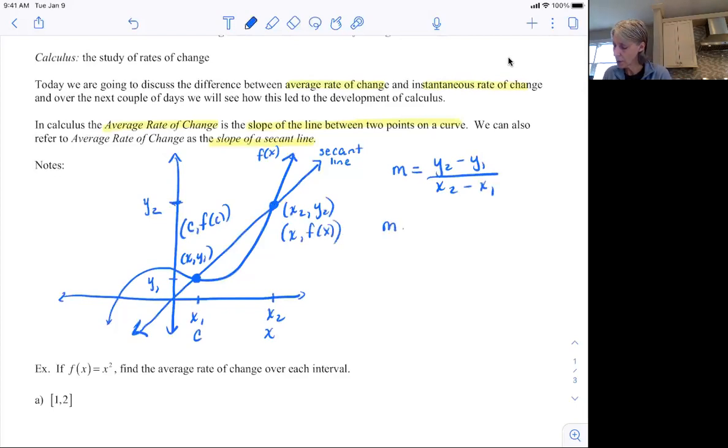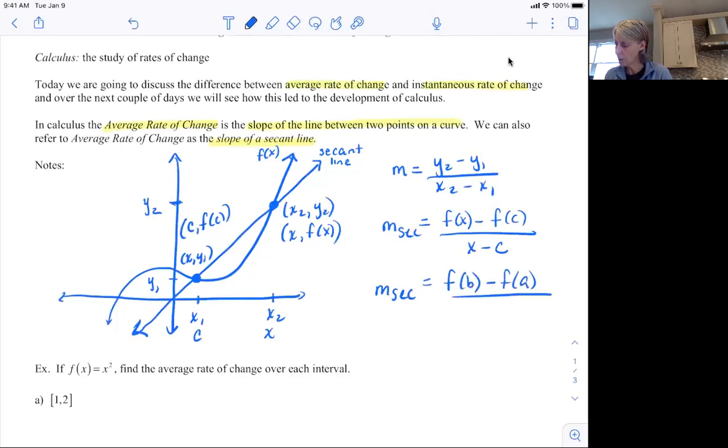So the slope of our secant line can be f of x minus f of c over x minus c. And sometimes I will also just use a and b. All three of these formulas are the same thing. We analyze them the same way.